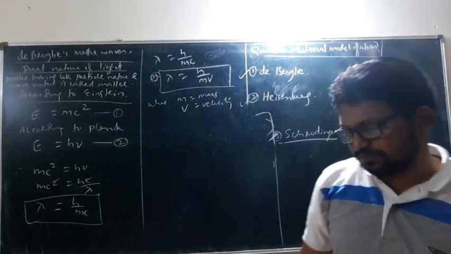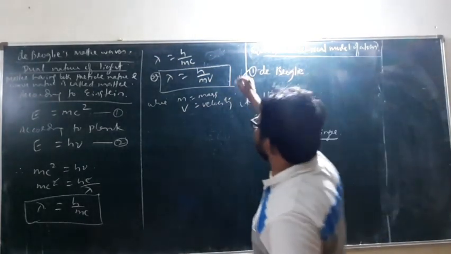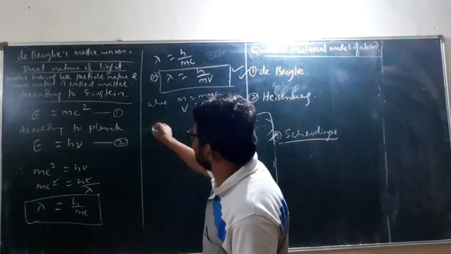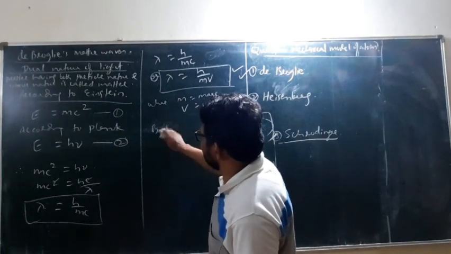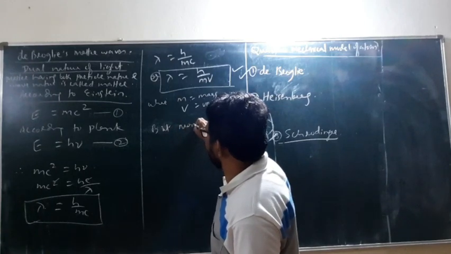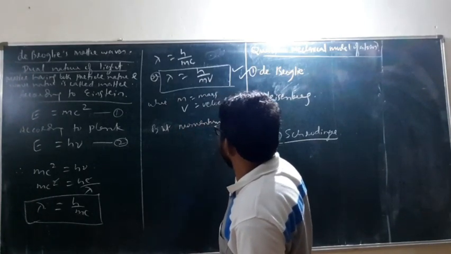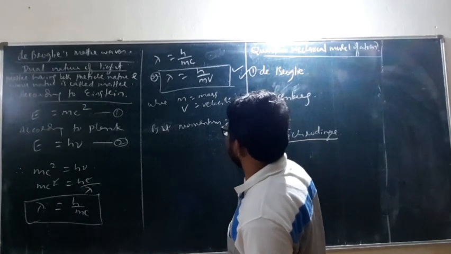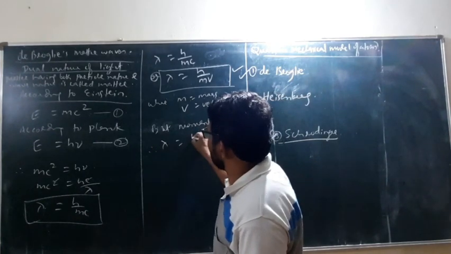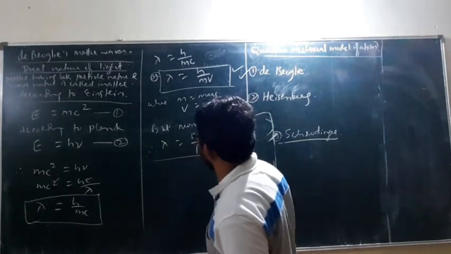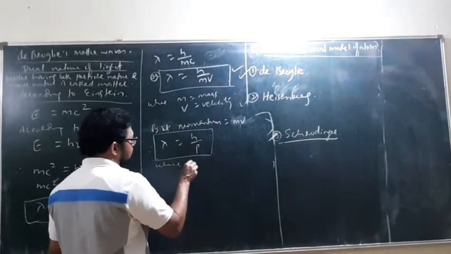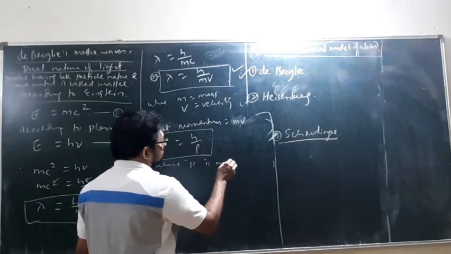Nothing is more than this, and this equation is very, very important. But you know what is momentum? I told you what is momentum. Mass into velocity, mv. Therefore lambda is equal to what? h upon p, where p is momentum.